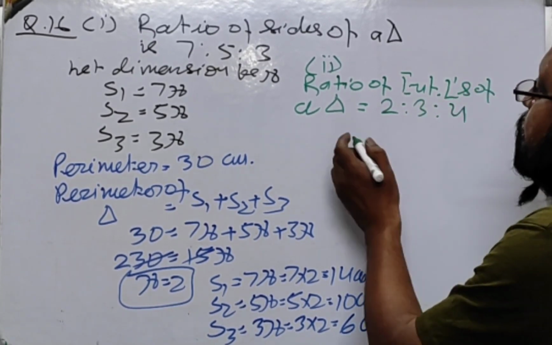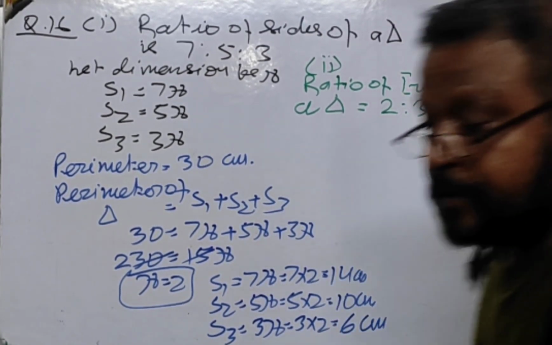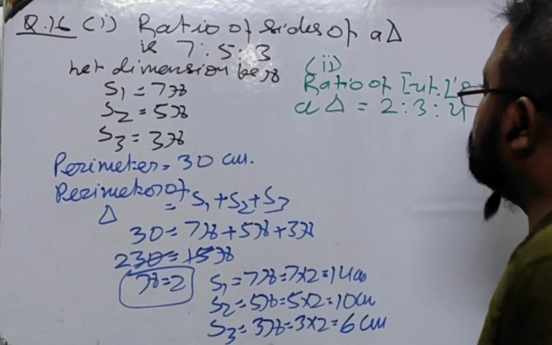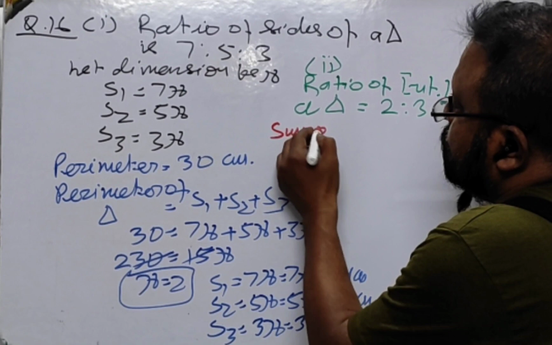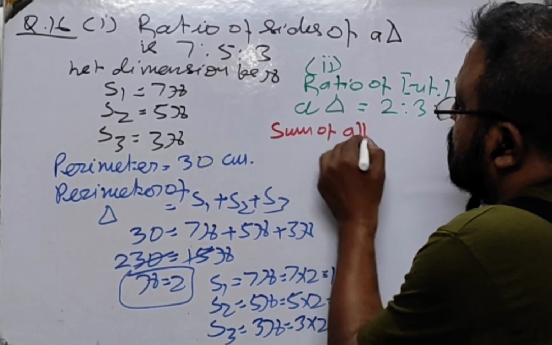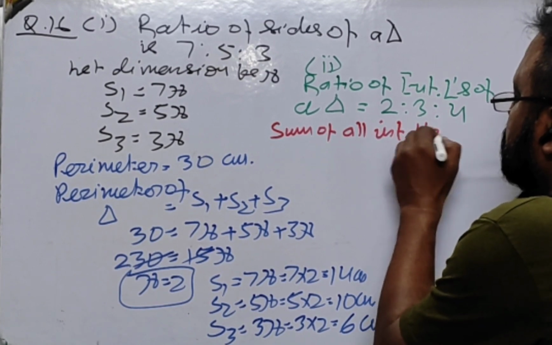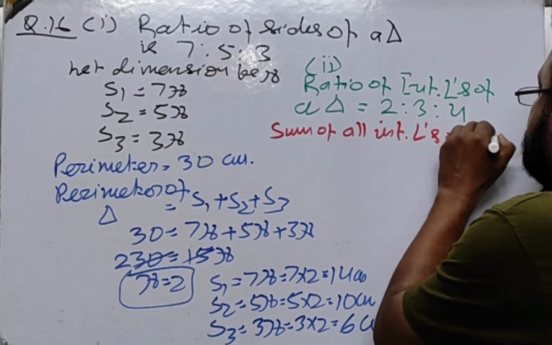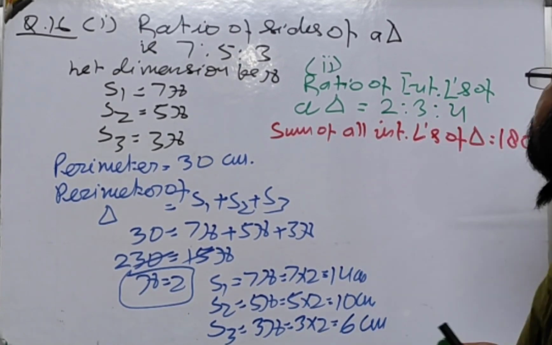And we know that the sum of all interior angles of a triangle is equal to 180 degree, right?